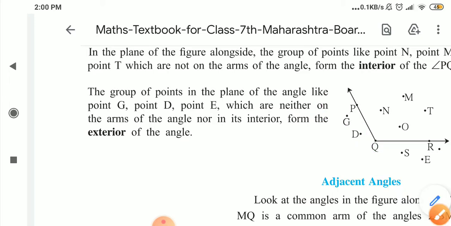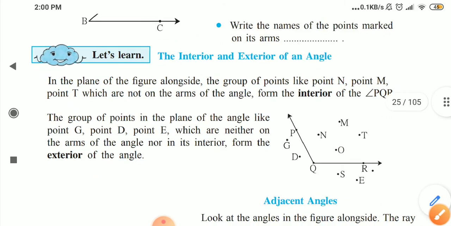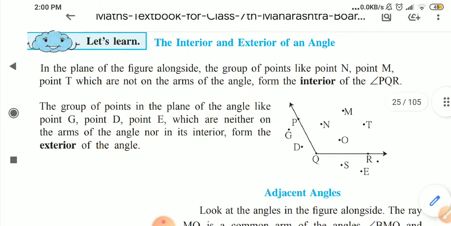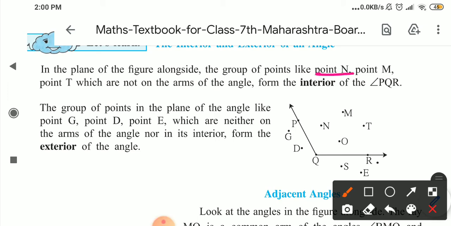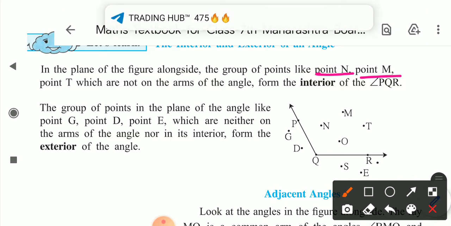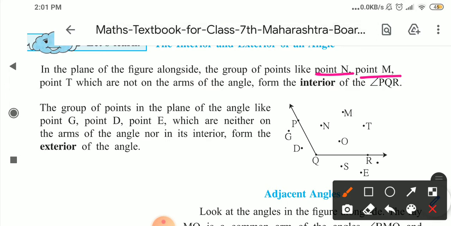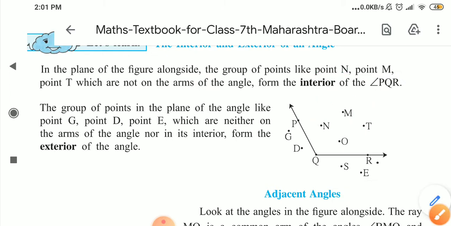Okay, so in the plane of the figure, the group of points given here, point N, point M, point T, which are not on the arms of the angle, form the interior of the angle PQR. So these points N, M, T, O are present in the interior of the angle.